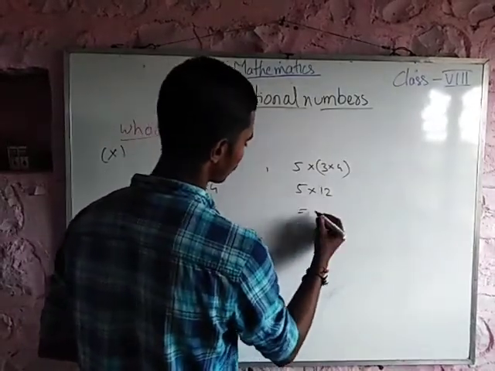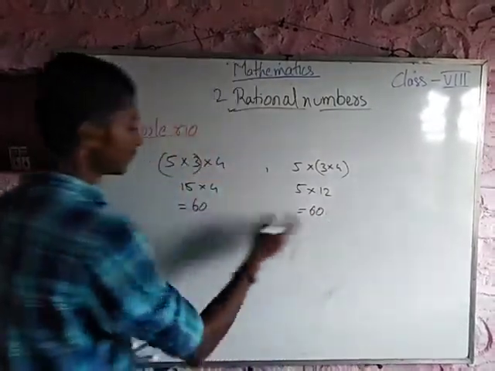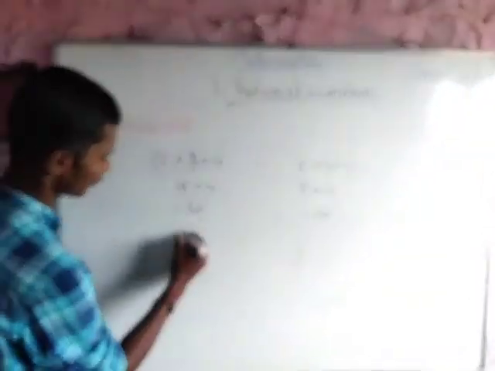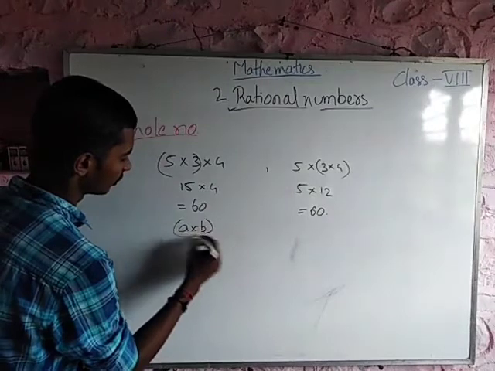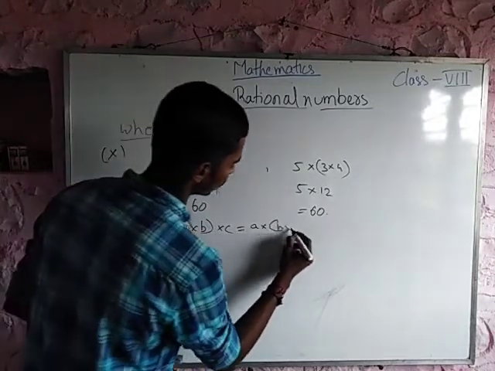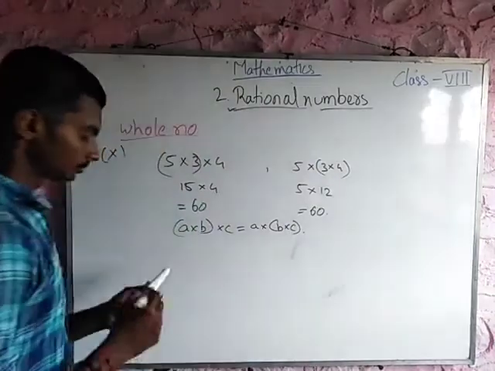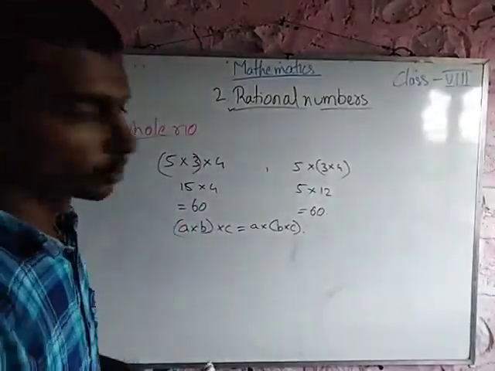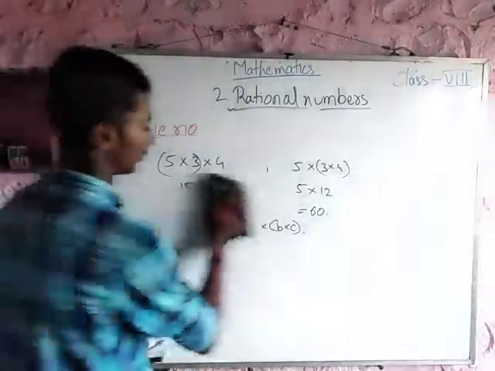So 12 5s are 60. See, from both the methods I got the same answer. So A into B into C is equal to A into B into C. What I can conclude? Whole numbers are associative under multiplication.